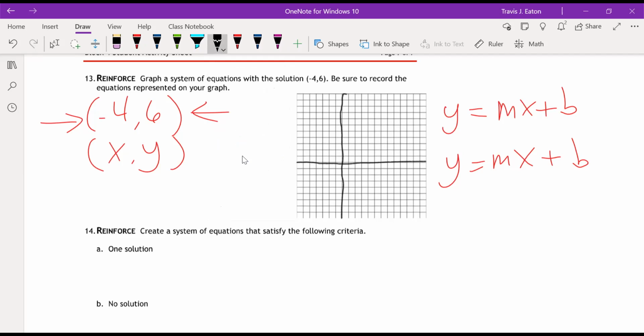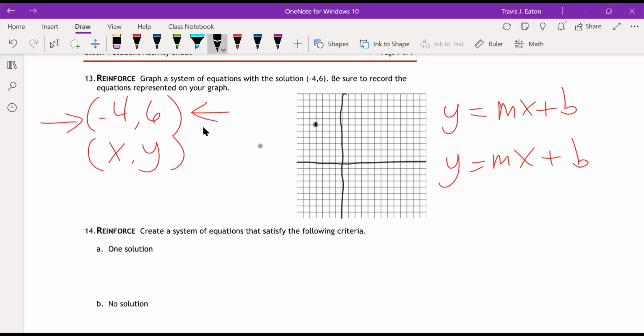So if this is our graph, we want the intersection of these points to be at -4, 6. We go over to the left, 1, 2, 3, 4, and up 6, 1, 2, 3, 4, 5, 6. Okay. That is where our lines should intersect. So all you have to do is come up with two different equations that will create lines that will intersect at just that point right there.